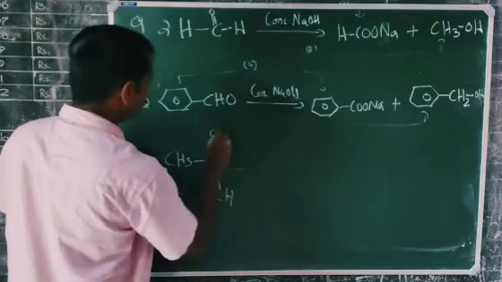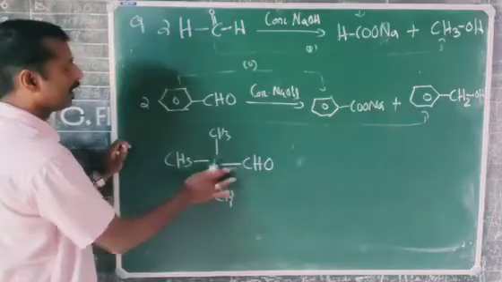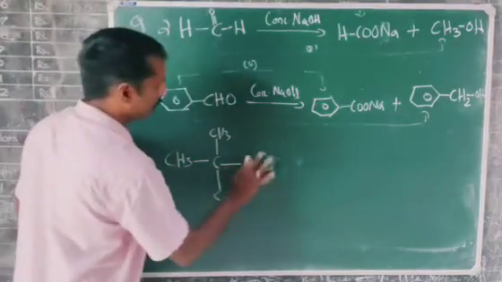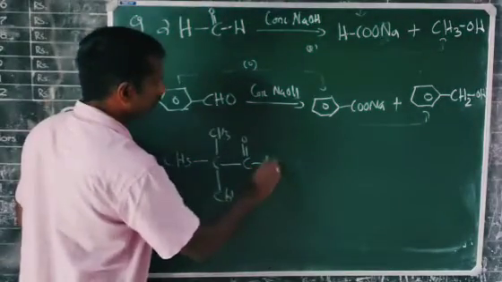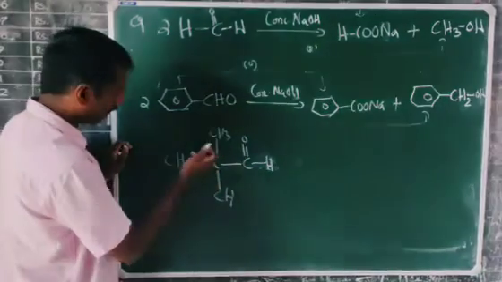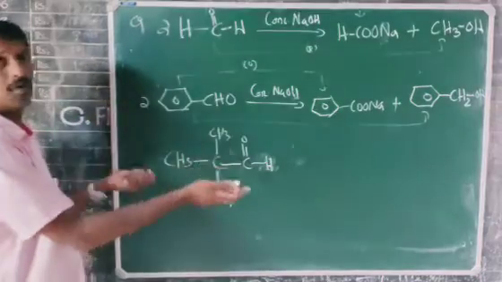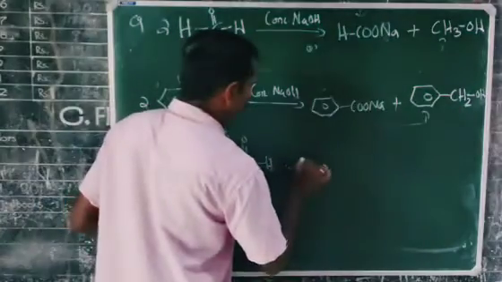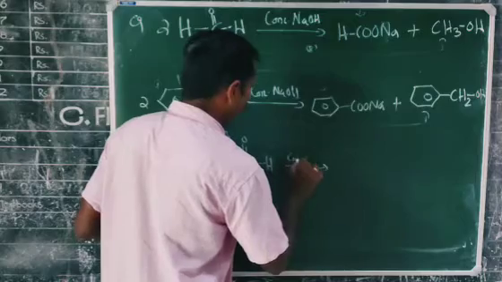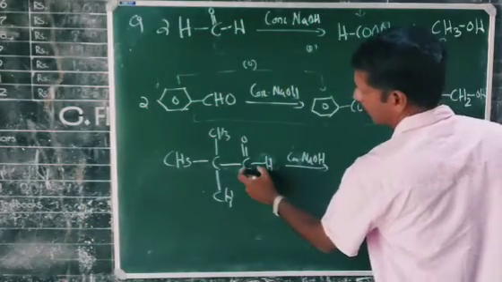Another example, if you take trimethyl acetaldehyde, (CH3)3C-CHO, you can see that the CHO group is attached to a carbon, and this carbon has no hydrogen because it is joined with only carbon atoms. There is no alpha hydrogen. So on reaction with concentrated NaOH, one molecule will undergo oxidation.